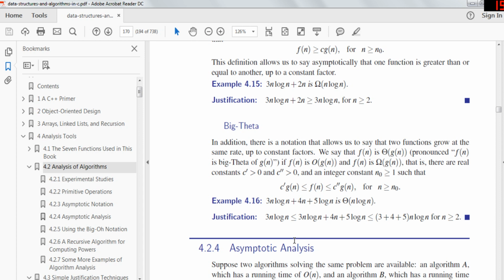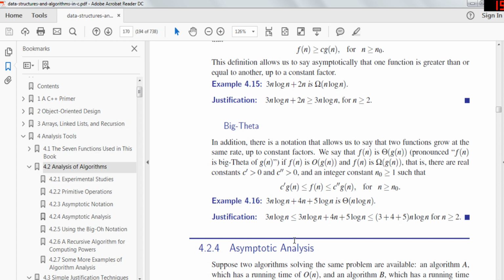That is, there are real constants c, c prime and c double prime greater than 0 and an integer constant n0 greater than or equal to 1, such that c prime g(n) is less than or equal to f(n), which is less than or equal to c double prime g(n), for n greater than or equal to n0. So what does this mean? This is basically saying that two functions grow at the same rate up to constant values.